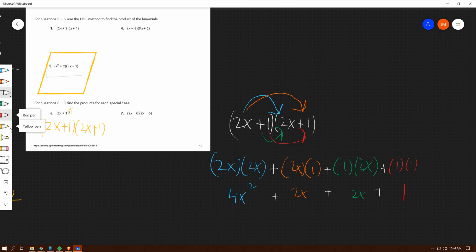And then we're looking for like terms right there. We have them. And now we can rewrite the equation. 4x squared plus 4x plus 1.